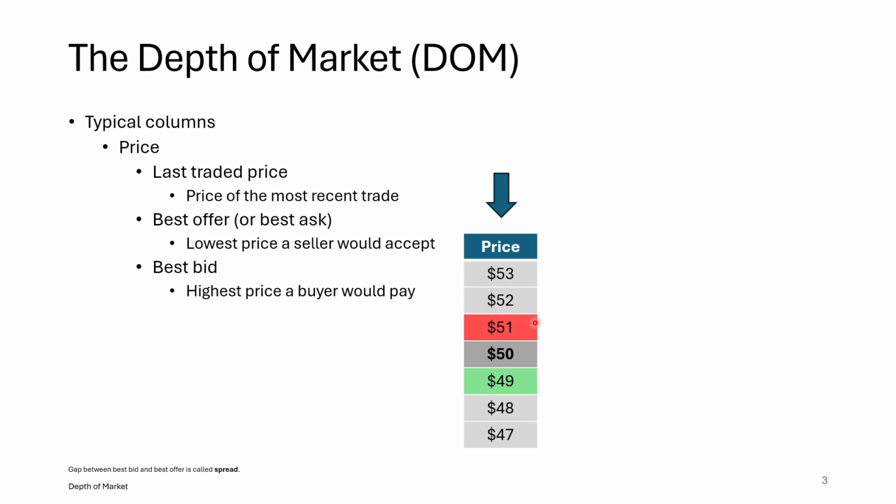And on the other hand, when you want to go short, you need a buyer, right? You need someone to buy from you. And here, the best bid shows the highest price a buyer would pay to you. So it's the best price that you can expect to get. And as you can see, there is typically a gap between the best offer and the best bid, and this gap is called the spread.